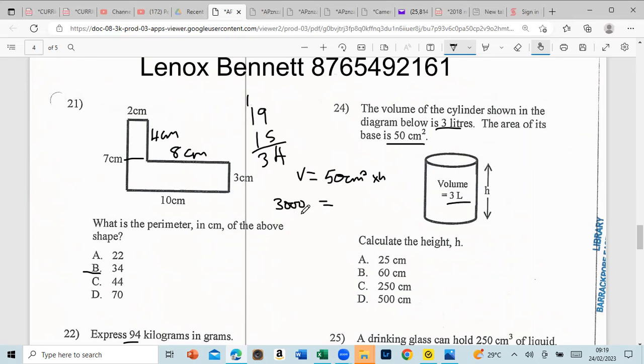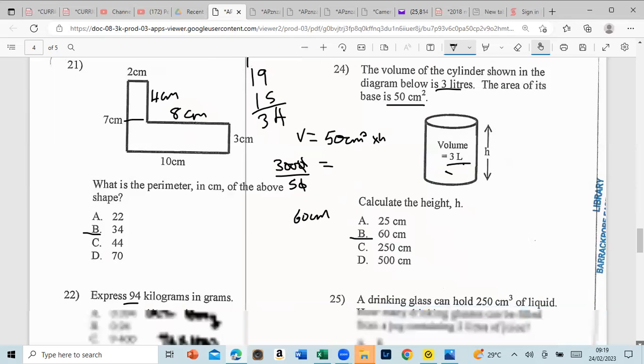So let's divide this by 50. And that is 60. So that is 60 cm. Hope everybody gets the reasoning behind that, right? We convert the liter to cm3, which works out to 3000, right?